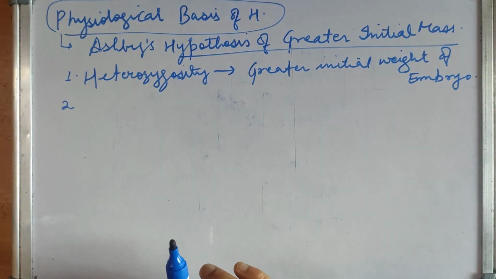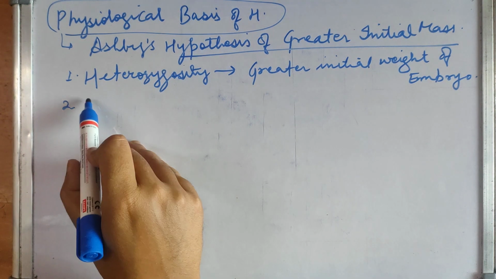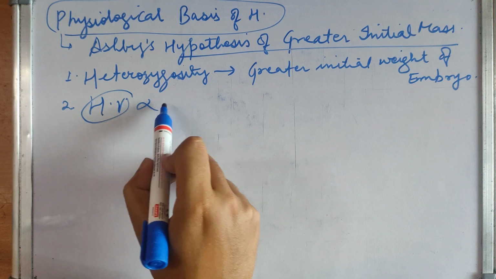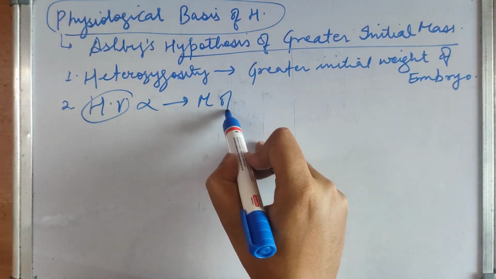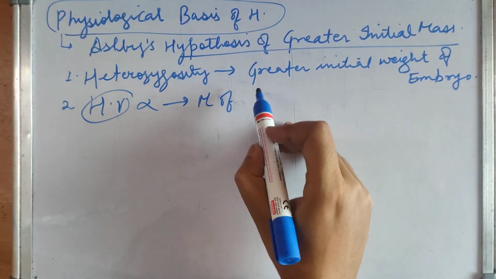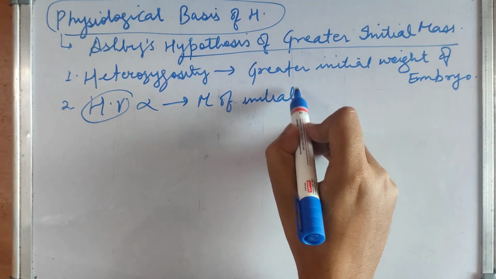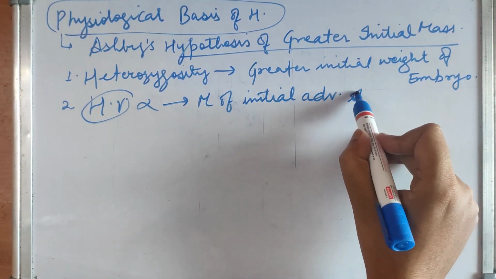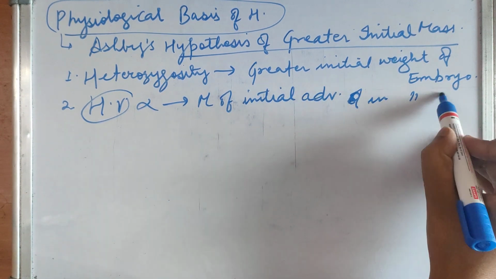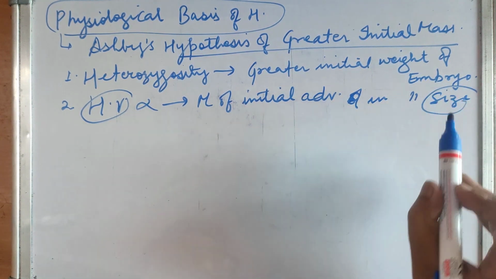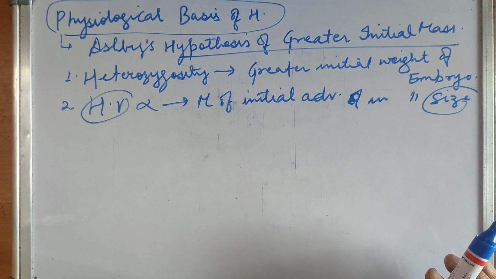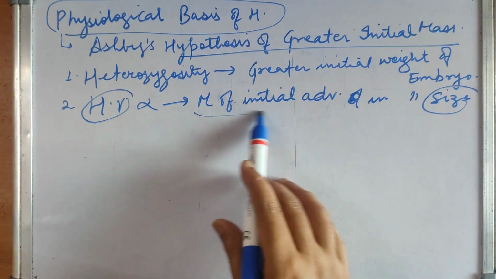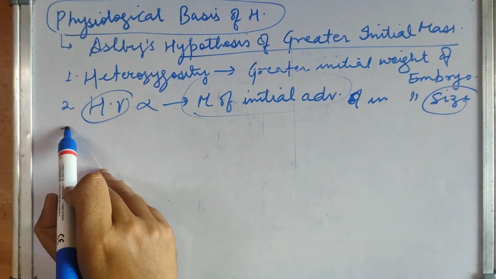Secondly, hybrid behavior is nothing more than maintenance of the initial advantage in embryo size. So as there is greater initial weight, the embryo is bigger at the start, and when we maintain this initial advantage, we get hybrid behavior.